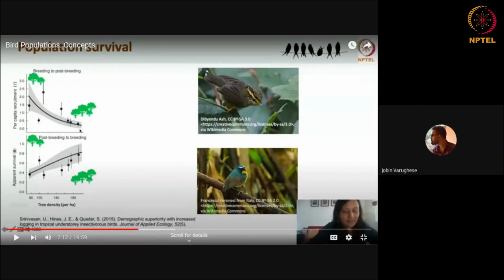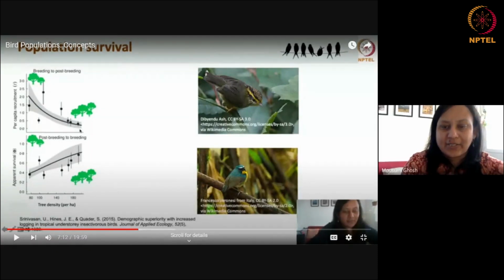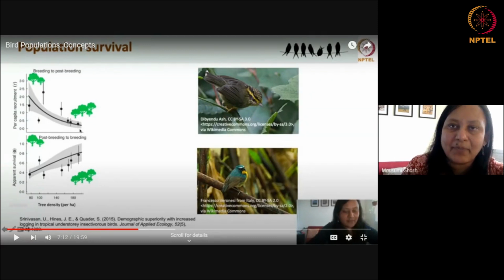Yeah. Okay, so this is about bird population concepts. The person is asking, out of all the density-dependent factors, one of them is stress. Can you give an example of that? Actually, I meant environmental stress. In that slide, if you notice, I had listed quite a few density-dependent factors, including disease, competition for resources, and predation.